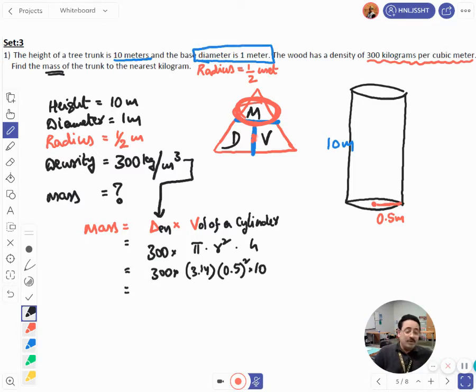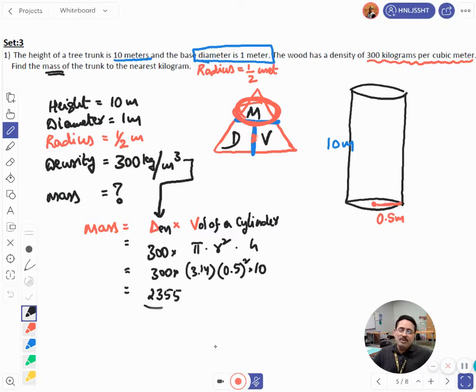Now, let me take my calculator. It is 300 times 3.14, which is the value of pi, radius square, which is 0.5 square, multiplied by height, 10. So, I got 2355.